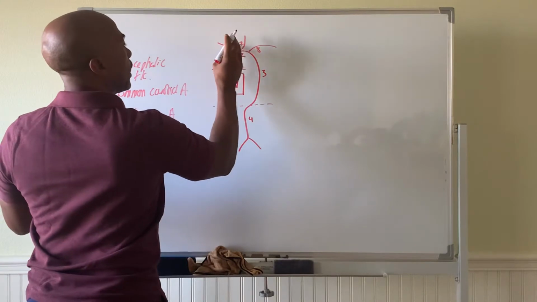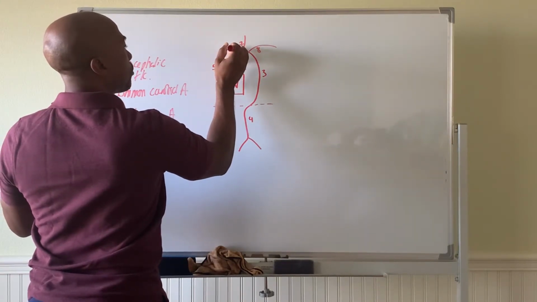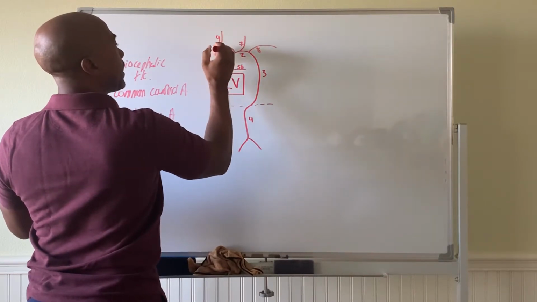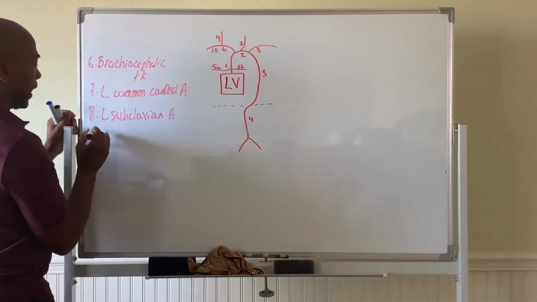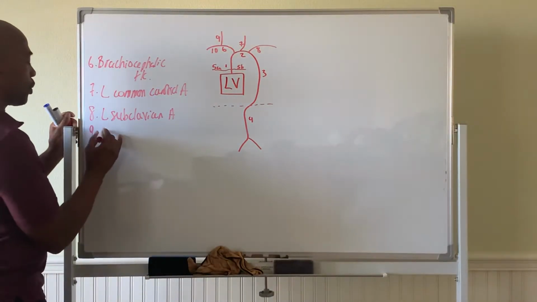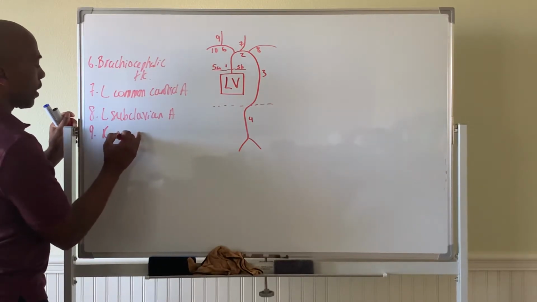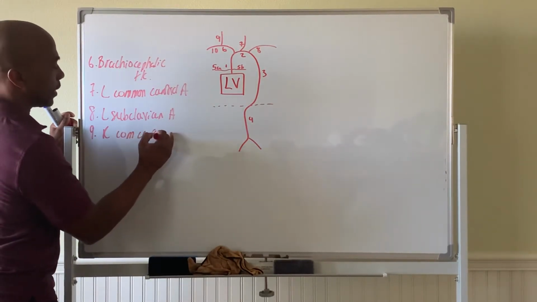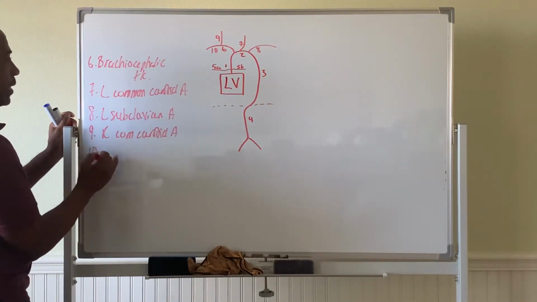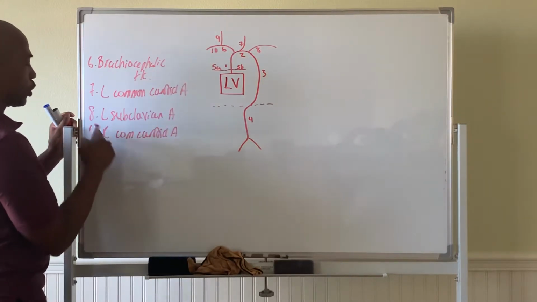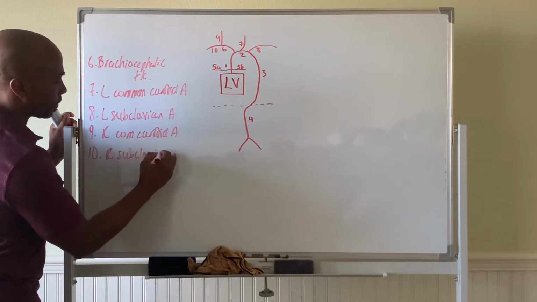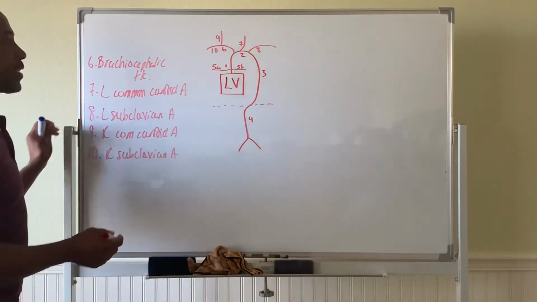Now, the number 6, your brachiocephalic trunk, will split into 9 and 10. In this case, 9 is going to run up the neck on the right side. So that becomes your right common carotid artery, similar to 7. And 10 is similar to 8, which is your right subclavian artery. So right side, left side.